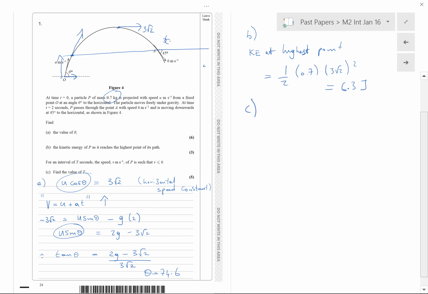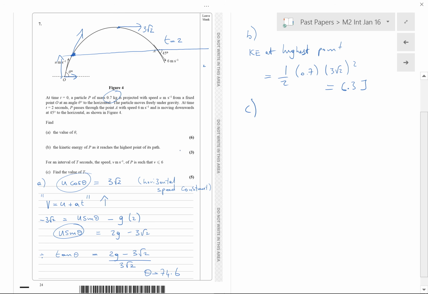We know that t equals 2 here, and the speed is going to be less than 6 all the way through that point. So if we can work out the time here and take it away from 2, we'll have the time for which the speed is less than or equal to 6.